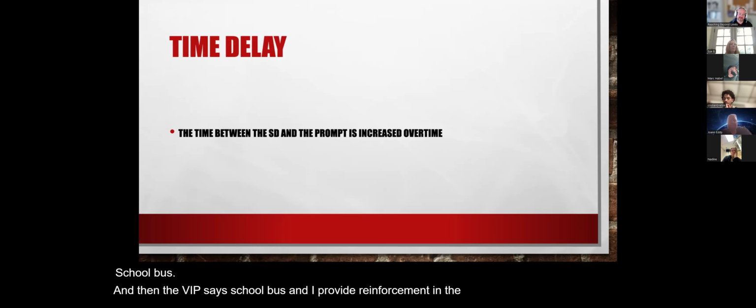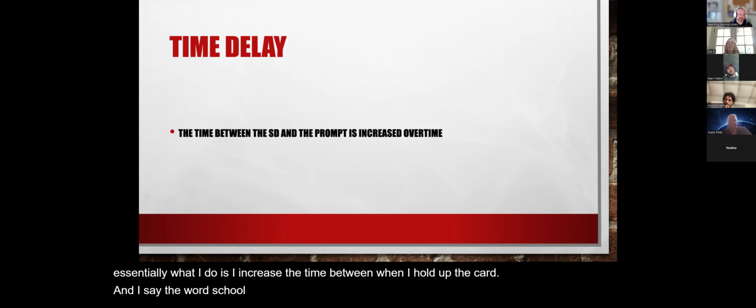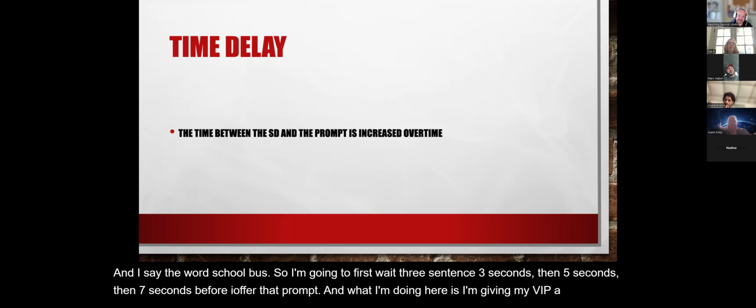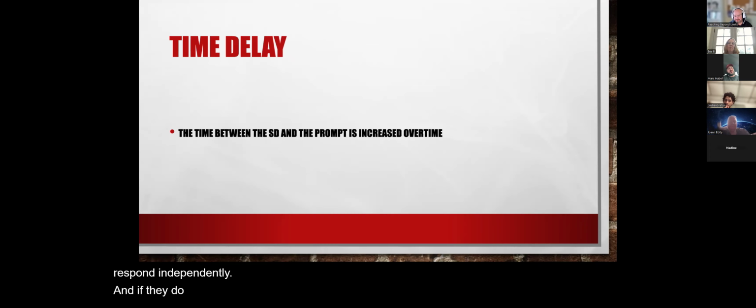Great job. And then essentially what I do is I increase the time between when I hold up the card and I say the word school bus. I'm going to first wait 3 seconds, then 5 seconds, then 7 seconds before I offer that prompt. And what I'm doing here is I'm giving my VIP a chance to respond independently. And if they do, I'm going to provide that higher level of reinforcement. So time delay I like because you're not switching the prompts.